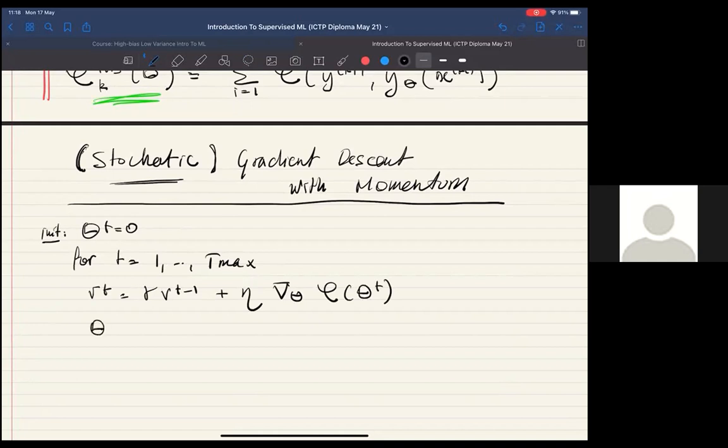So you compute the velocity and then you have the update, which is as before. If you want to make this stochastic, which usually you want to, you just replace this by a gradient with respect to a cost evaluated on a mini batch. That's the only difference. This makes it stochastic.